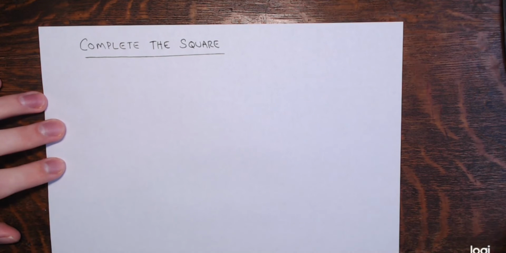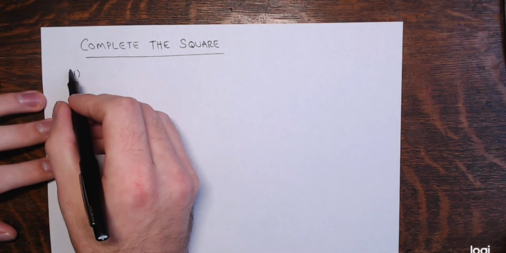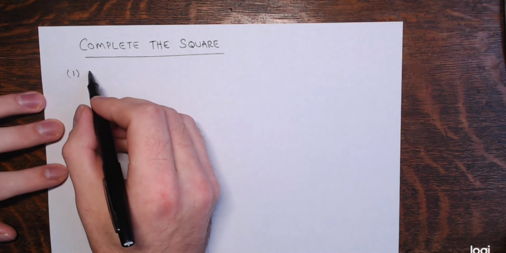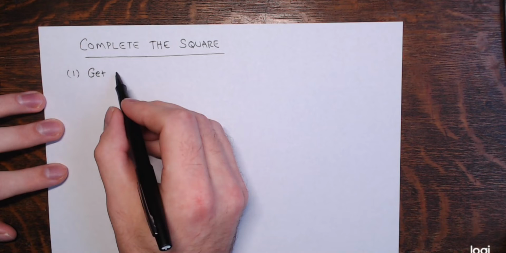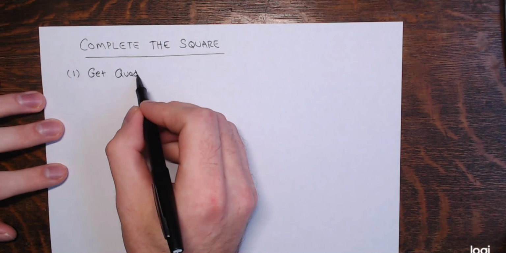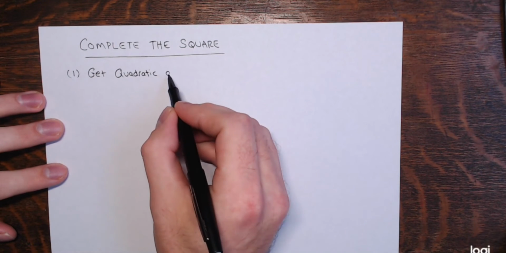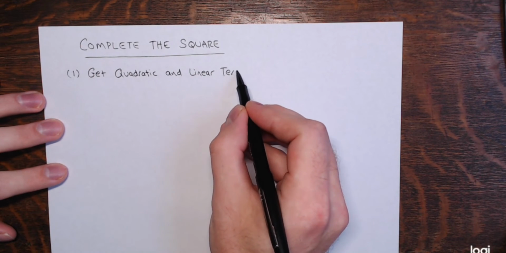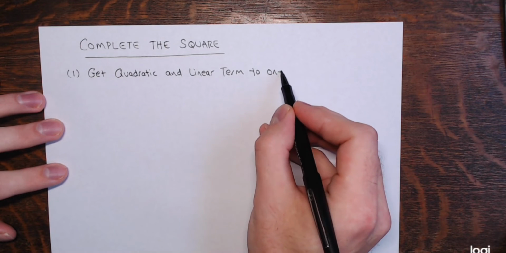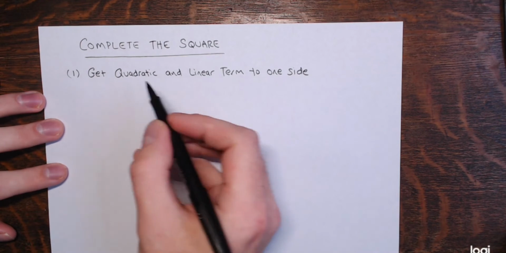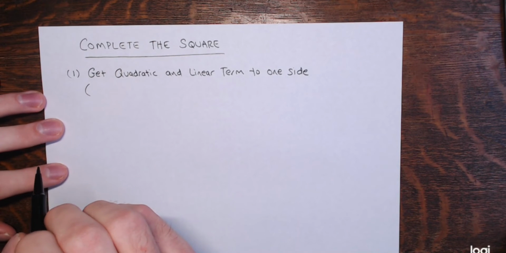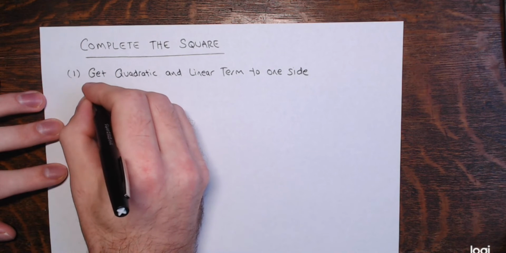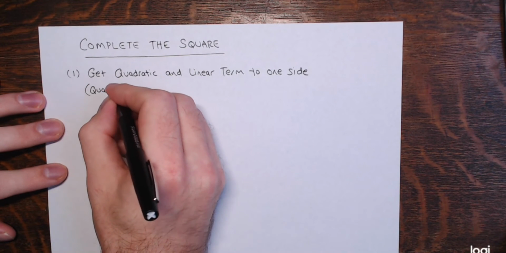First, you're going to get the quadratic and linear term to one side. And make sure the quadratic term, the term with x squared, has a coefficient of 1. That way you can go ahead with completing the square.